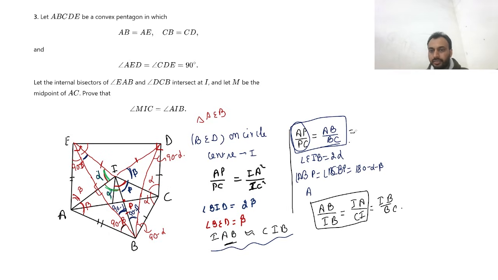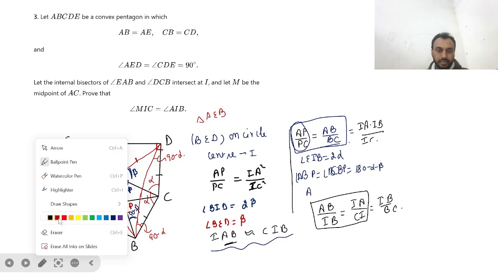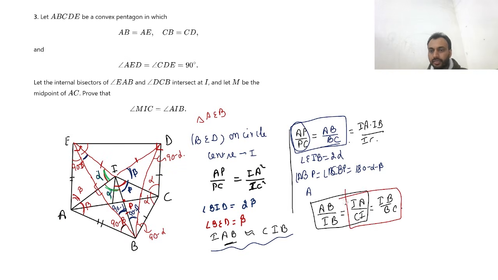So AB will be equal to IA into IB by IC, and from here we can write BC, which is IB into IC by IA. So if I put it here, it is IB, IC and IA. So you will get IA square by IC square, that we want to prove, right? So we got AP by PC is equal to IA square by IC square.